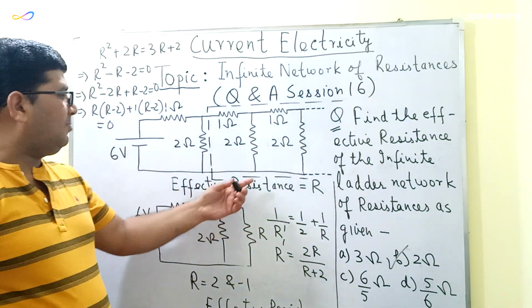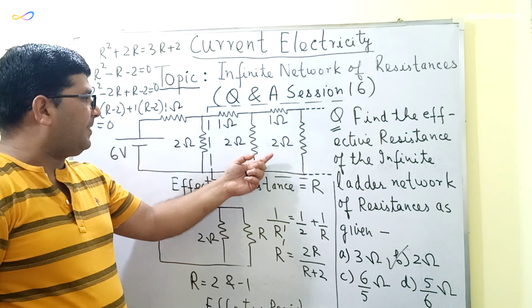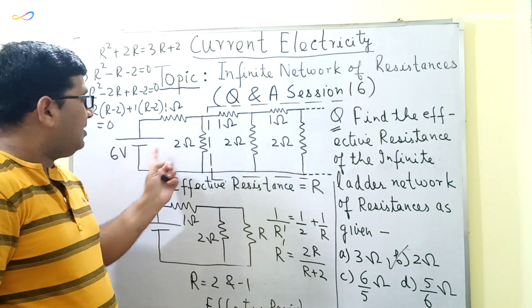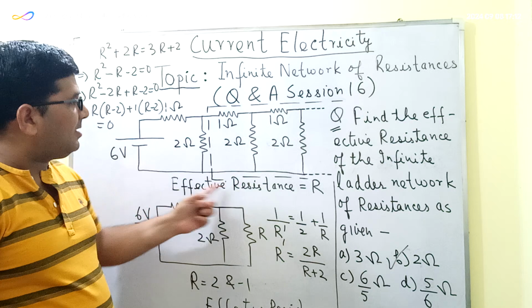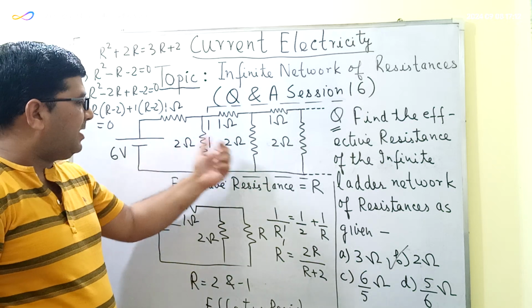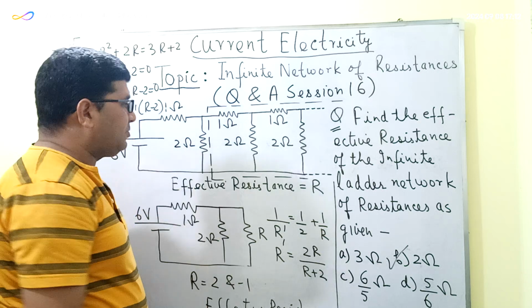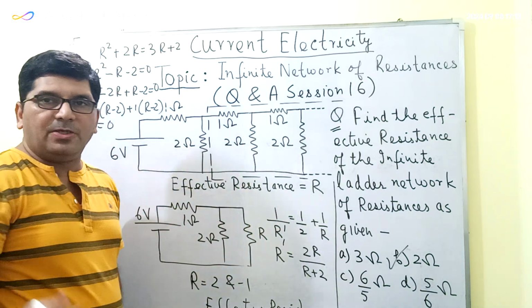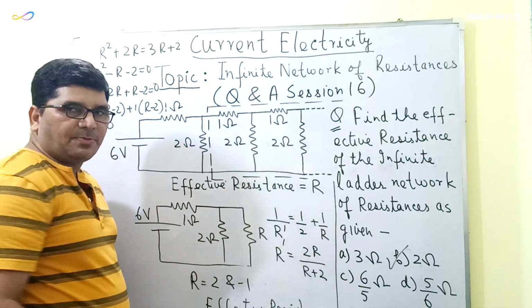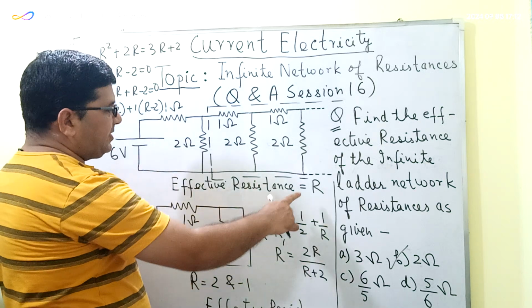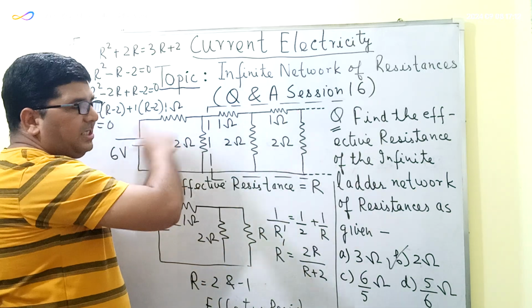So in this question, the most important thing which we have to remember is that in this infinite network of resistances, the addition or the subtraction of any one loop will not make any substantial change in the effective resistance of the entire circuit.